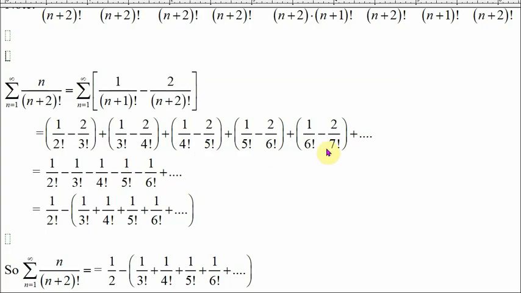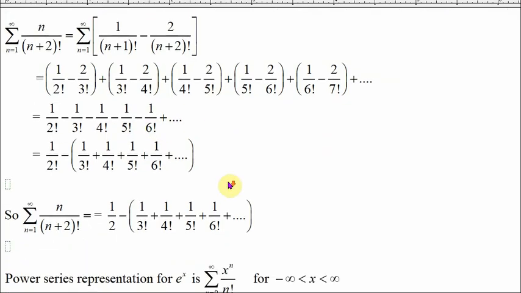And then the rest of it will be just minus 1 over 5 factorial, minus 1 over 6 factorial, and so on. Now we can rewrite this as 1 over 2 factorial and then minus this infinite sum here.